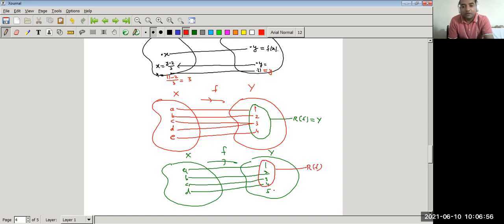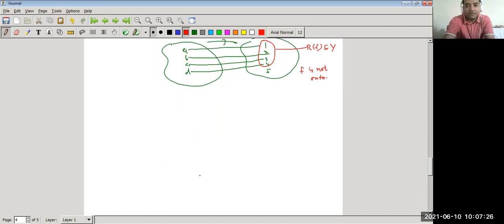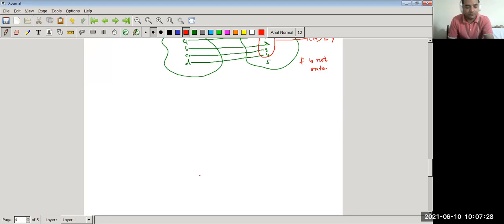But क्या रेंज कोडोमेन के बराबर है? कोडोमेन में तो एक एलिमेंट और भी है, 5 भी है, but range is a subset of codomain, but range is not equal to codomain. So therefore, f is not onto function. But here f is onto function. Is f 1, 1 in this case? Yes, f is 1, 1. So this is an example of 1, 1 function which is not onto function.